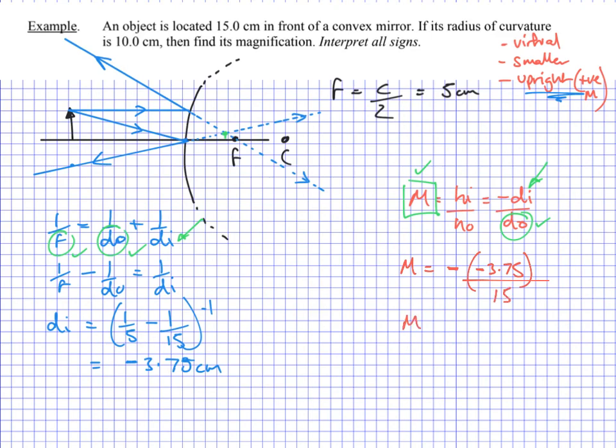And that's going to give us a magnification of 0.25. And that's good news because that's what I was kind of looking for. In other words, it's going to be a positive magnification because it doesn't invert, but it's going to be much smaller than the height of the object.